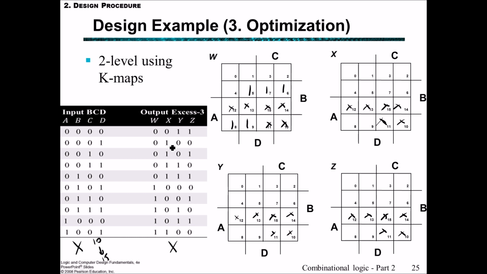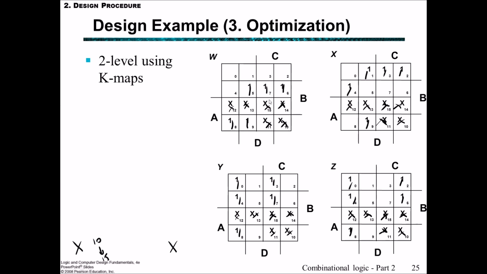X is true for indexes 1, 2, 3, 4, and 9. Y is true for values 0, 3, 4, 7, 8. And Z is true for index values 0, 2, 4, 6, 8. We'll check those. That's correct, correct, correct, and correct.